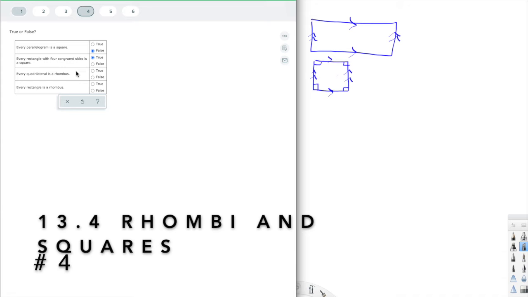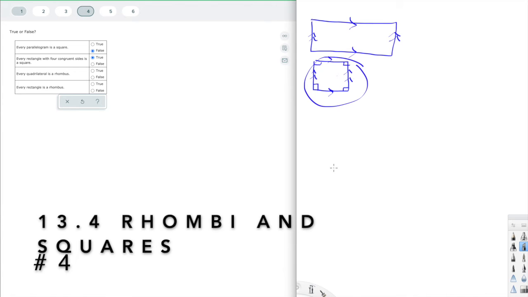So every quadrilateral is a rhombus. Well, is that true? A rhombus is actually kind of the square shape, not specifically. It can be kind of a diamond. I'm not doing that very well, but let's see if I can draw a diamond nicely. That kind of just looks like a square sideways, but it's a little bit more rectangle-y.